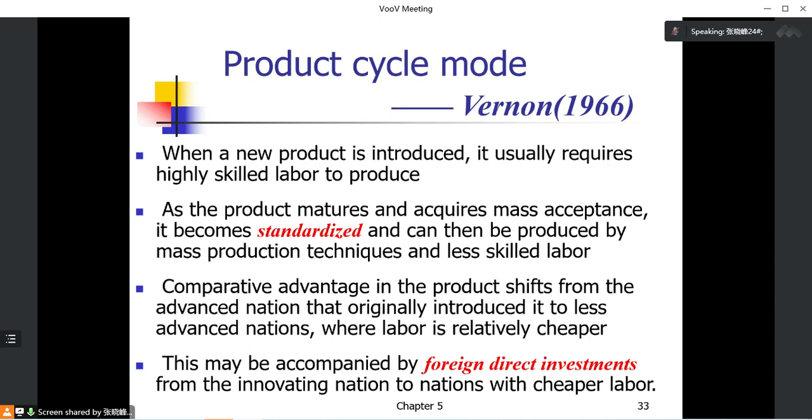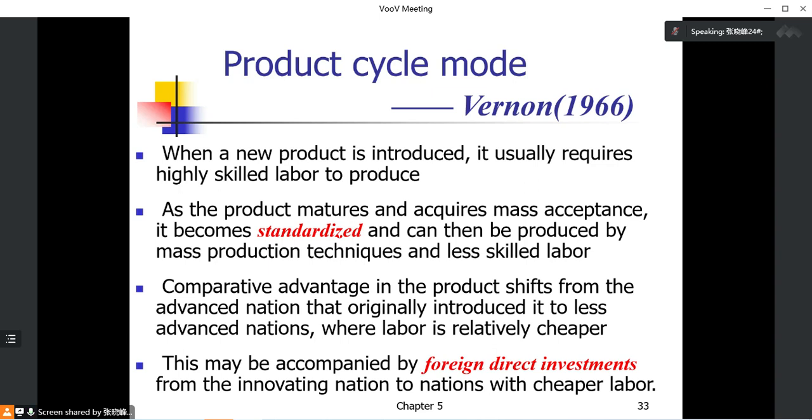With time going on, the manufacturers need more consumers, which means the product should be accepted by the masses. So it becomes standardized production.